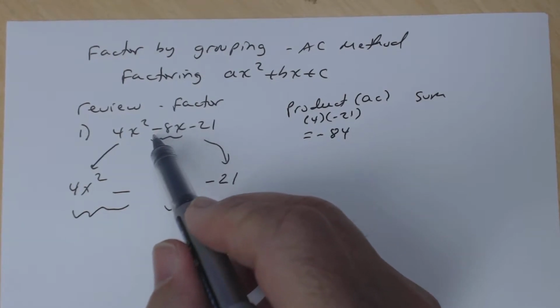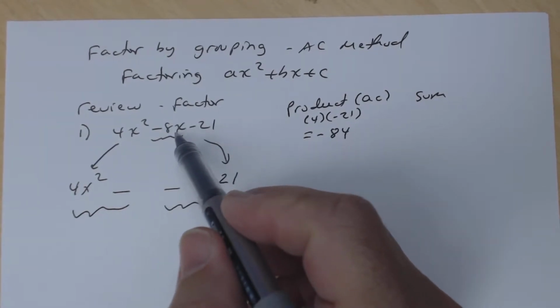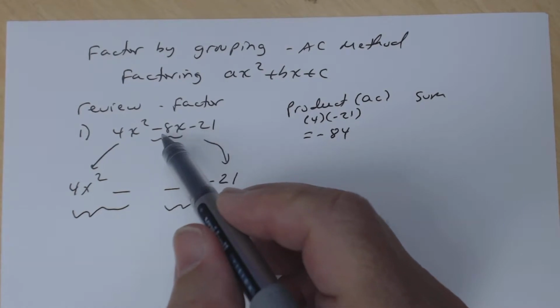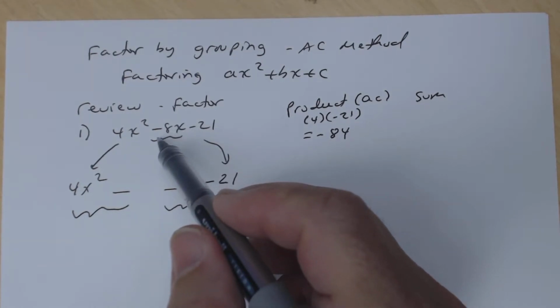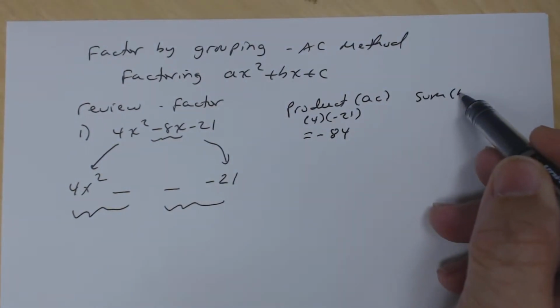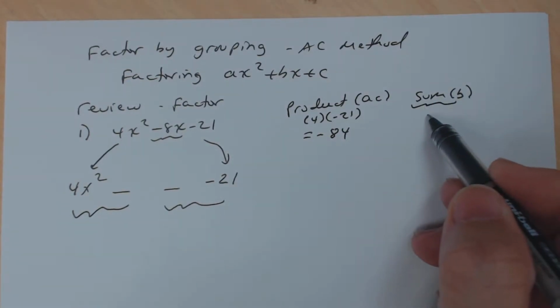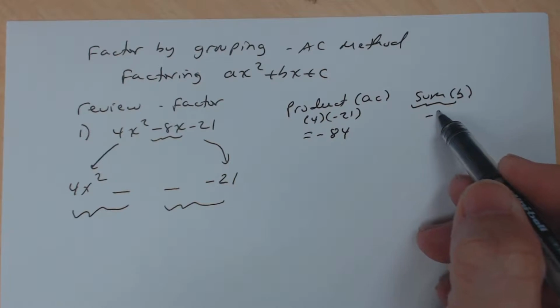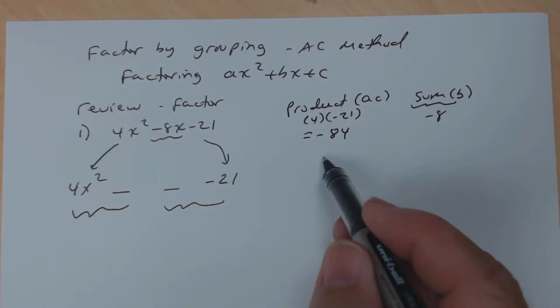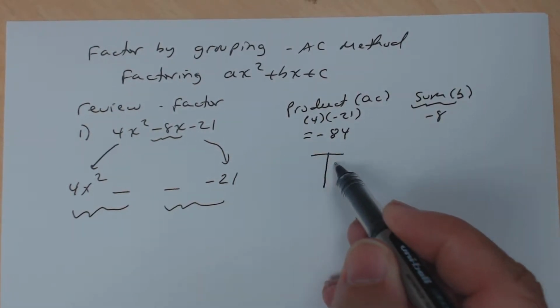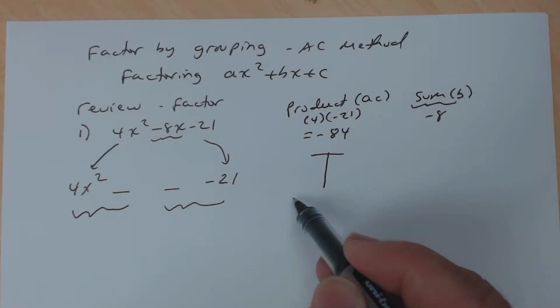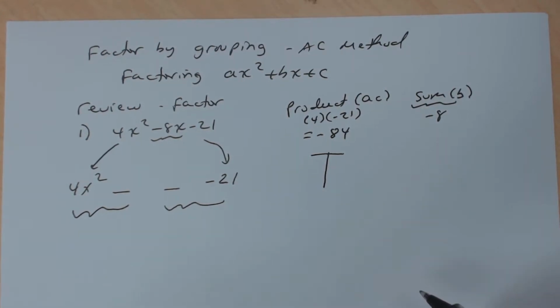Now you've got to be careful with your signs. Some people will say the coefficient is 8, but in fact it's negative 8. So you really need to be careful. We want the sum to be B, and in this example, the sum needs to be negative 8. So basically all you're going to do is come up with 2 numbers whose product is negative 84 and whose sum is negative 8.